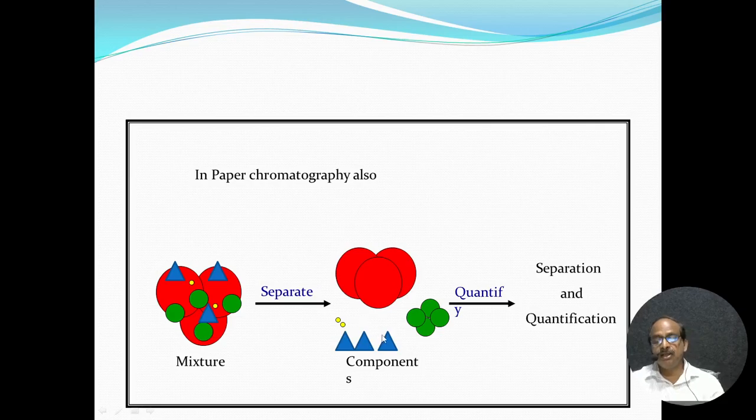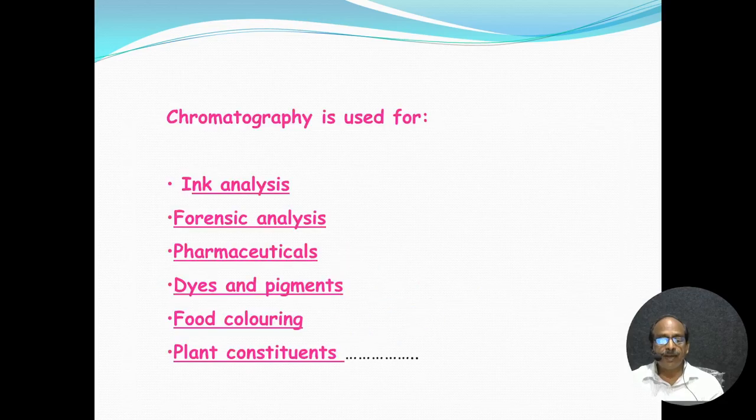This is the technique of paper chromatography. This picture shows different shapes, different molecular weights, and different quantities of the substance. We separate and identify the components by using paper chromatography.